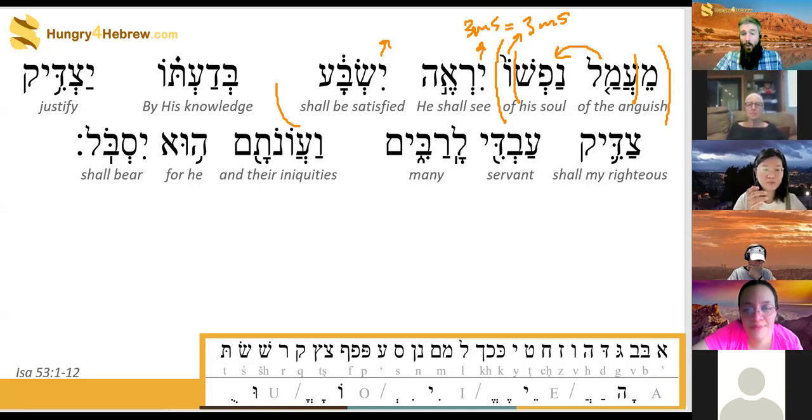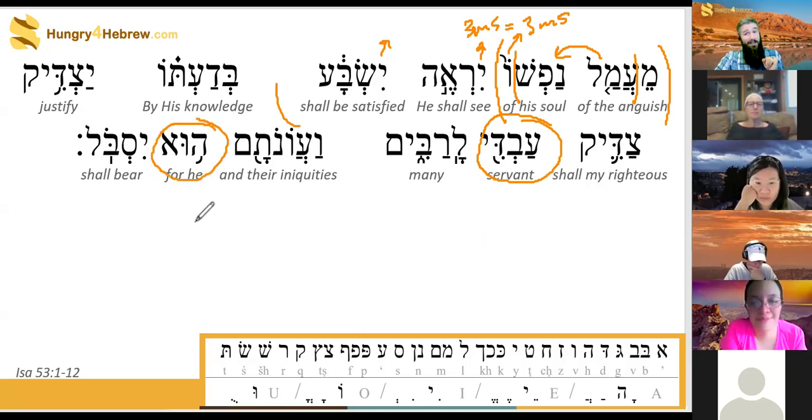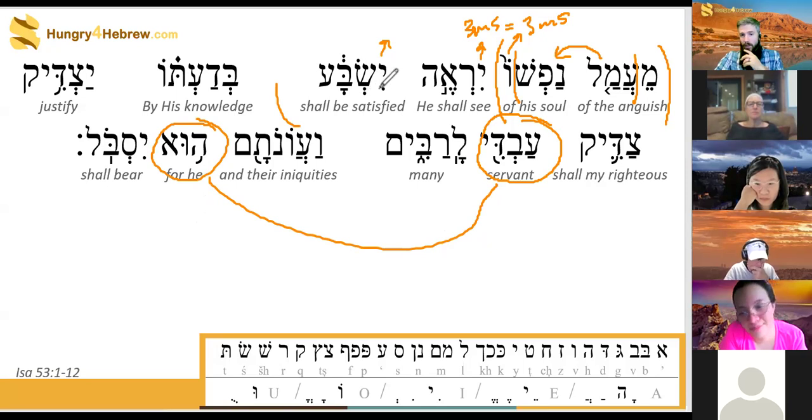So Avdi is 3MS. We know exactly who that is. Who is 3MS? Not really sure who it is. Hopefully it's referring back to Avdi. And if we saw Yod He Vav He, that's explicitly 3MS and we know who it is. But when we have verbs with no explicit subject, we have to try to figure it out. We have to wrestle with the text.